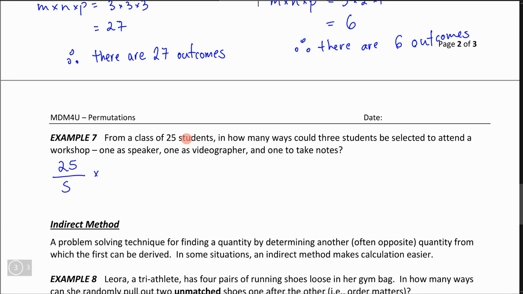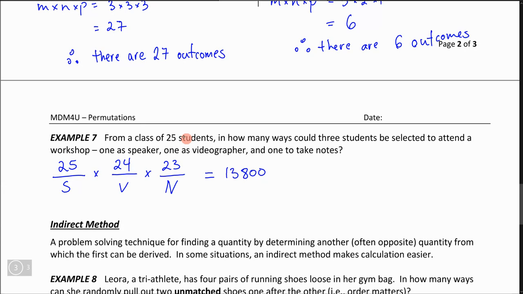And then we have to pick a videographer. After you pick 1 student to be the speaker, you only have 24 students left to pick from for the videographer. And if we pick a videographer, then we only have 23 students left to pick from to be our note taker. So if I multiply these 3 values, the multiplicative counting principle says that I have 13,800 possible outcomes.